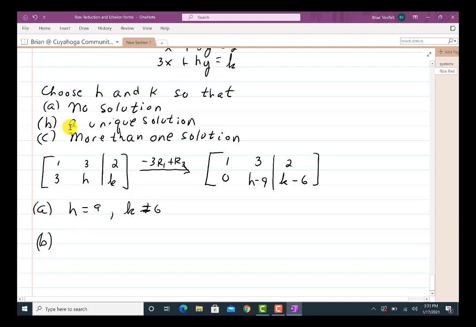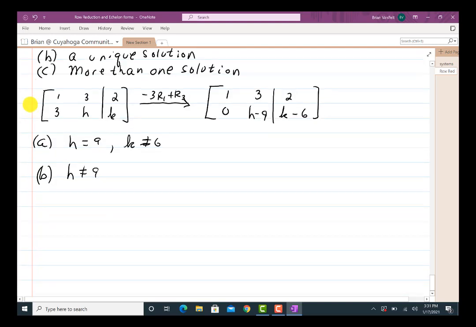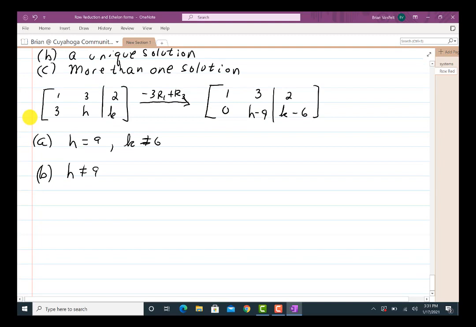For part B, a unique solution. Well, if I wanted a unique solution, then I should have a non-zero item right here, and it doesn't matter what's over here, because whatever this non-zero item h minus 9 is, I'll be able to divide it to get the value for y. So in that situation, we simply need h to not equal 9.